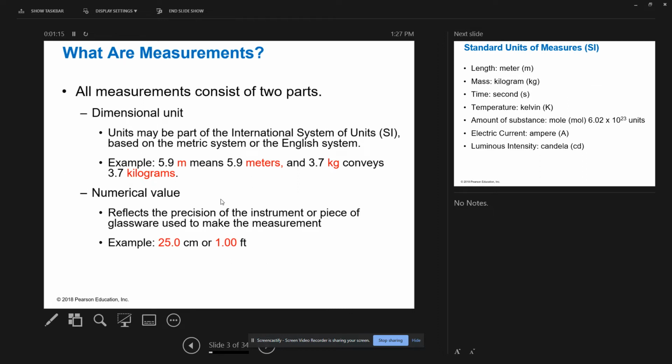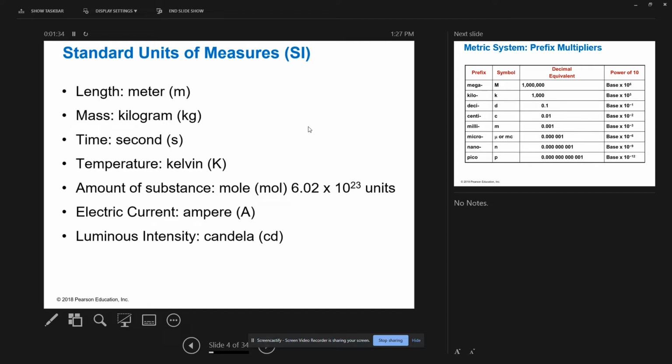So all of our measurements consist of 2 parts. We have the number and then the unit. We're going to talk about different units. We're going to use lots of them. We're going to convert between them, but right now we are just going to focus on that we have a number and a unit. Now the units that we're going to use do vary, but there is something called the standard units of measurement, or the SI units.